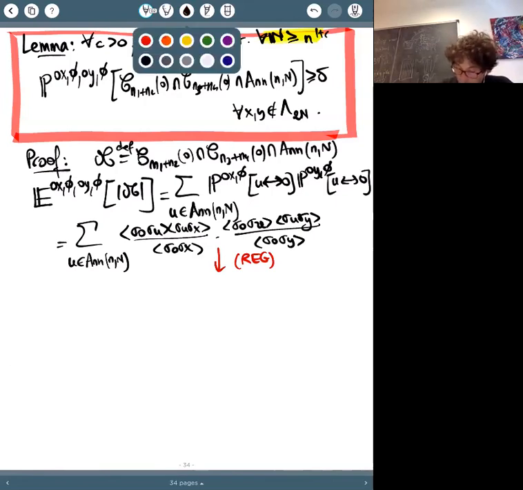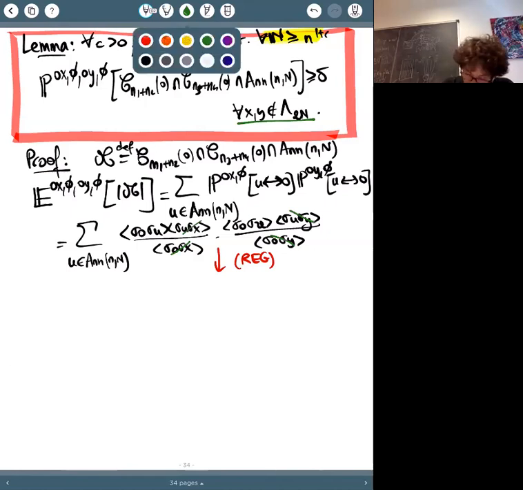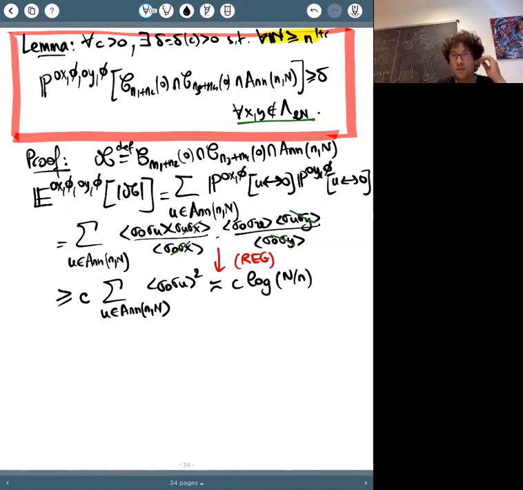Why? Because you remember that x and y are not in lambda 2n. So that means that x is roughly at the same distance of u than it is of 0. Okay? So these two things cancel, and same thing, these two things cancel up to constant. So that means that this expectation is larger than the constant times the sum over u of sigma 0, sigma u squared, which is like log capital N over small n. Okay?